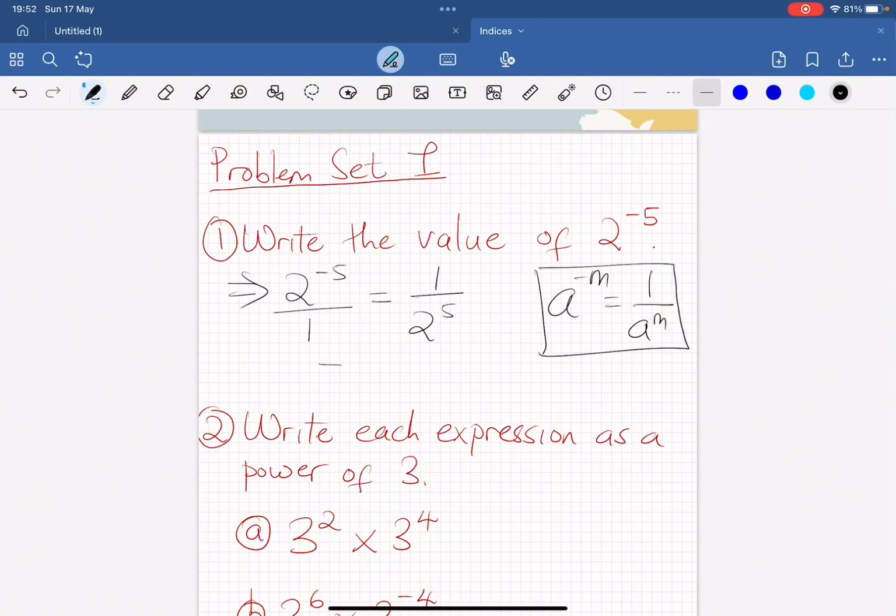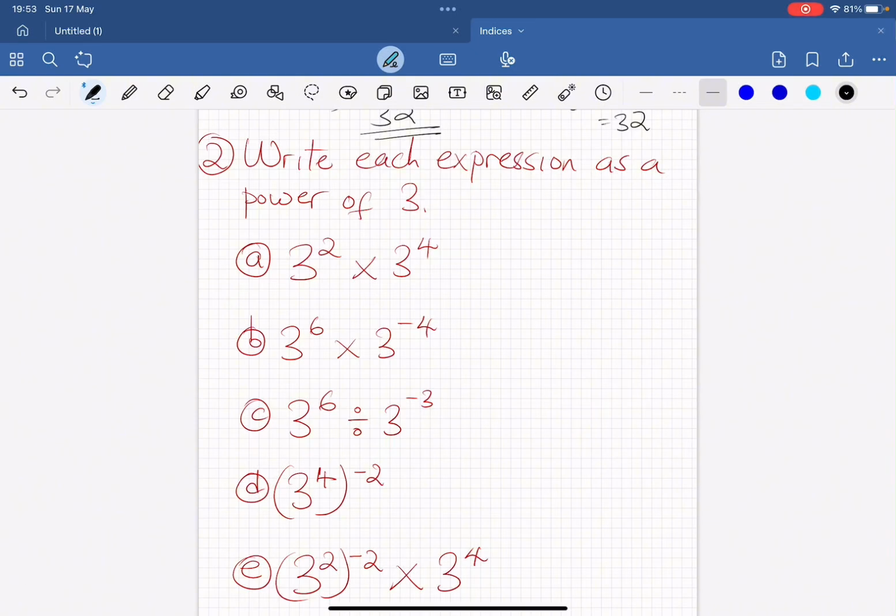But now, because the question says find or write the value of, it means that you are supposed to recall what 2 to the power 5 is. 2 to the power 5 is 2 by 2 by 2, 1, 2, 3, 4, 5, which is basically 2 by 2 is 4, 8, 16, 32. So it means that 2 to the power 5 is 32. Hence, our final answer is 1 over 32.